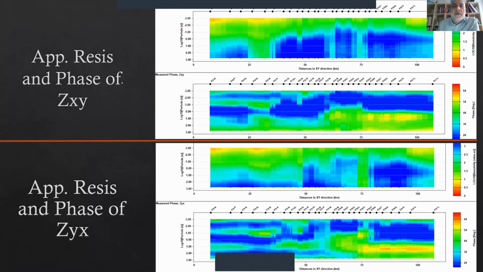Here the upper panel shows the apparent resistivity and phases of the off-diagonal component that is called ZXY, and the lower panels are for ZYX.